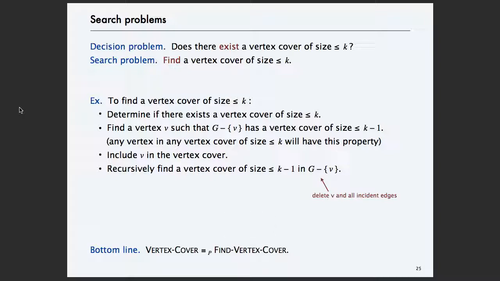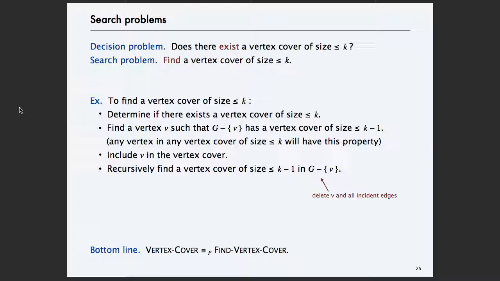Now, slightly different variations of the same problem. Decision problem. What's a decision? Yes or no, true or false, right? So a decision problem is: is there a vertex cover of size k? Or is there a solution of size x? A search problem is: find a solution of size x.